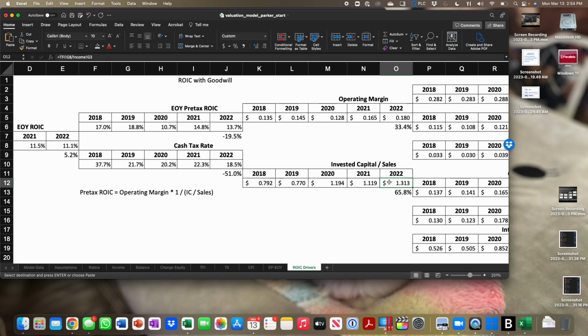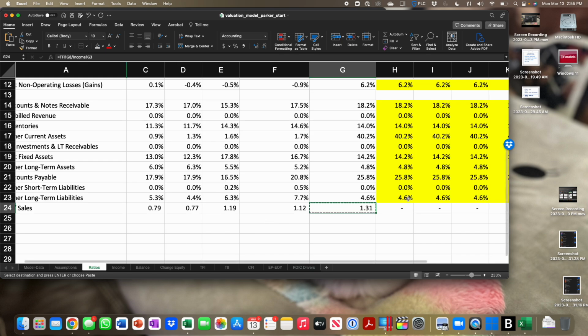So I've put into the model a little bit of a sanity check. All those balance sheet ratios create the invested capital to sales. So I basically calculated invested capital to sales down here, so I can see if my percentages are a little out of whack. Because most companies tend to maintain their productivity over time.